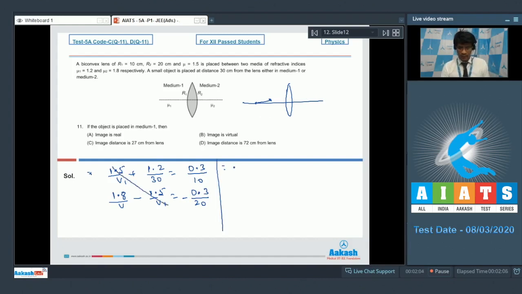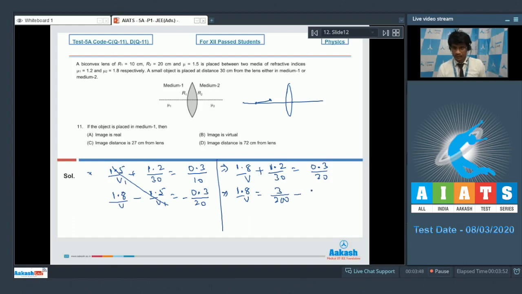We shall be getting 1.8 by V plus 1.2 divided by 30 would be equal to 0.3 by 10 minus 0.3 by 20. It will be 0.3 divided by 20. So it is 1.8 divided by V is equal to 3 by 200 minus 1.2 divided by 30.